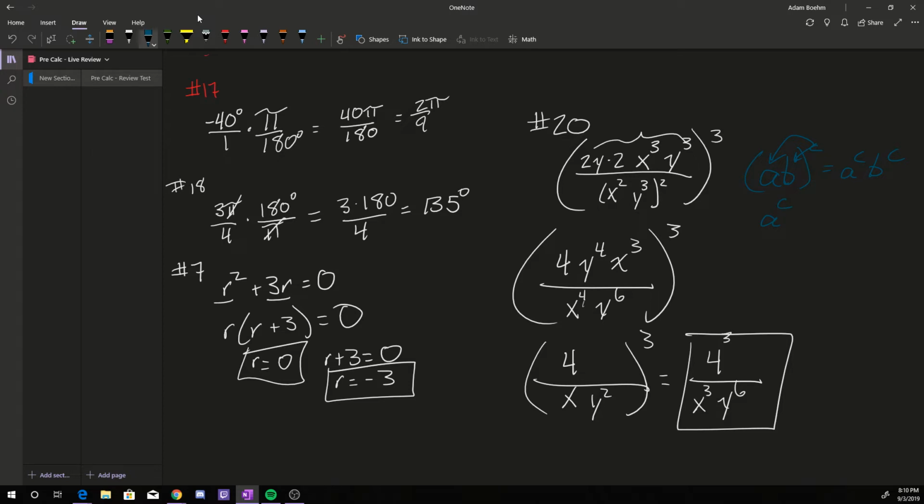Quotient property, you just subtract the exponents. And then the product property, where you're just adding exponents.